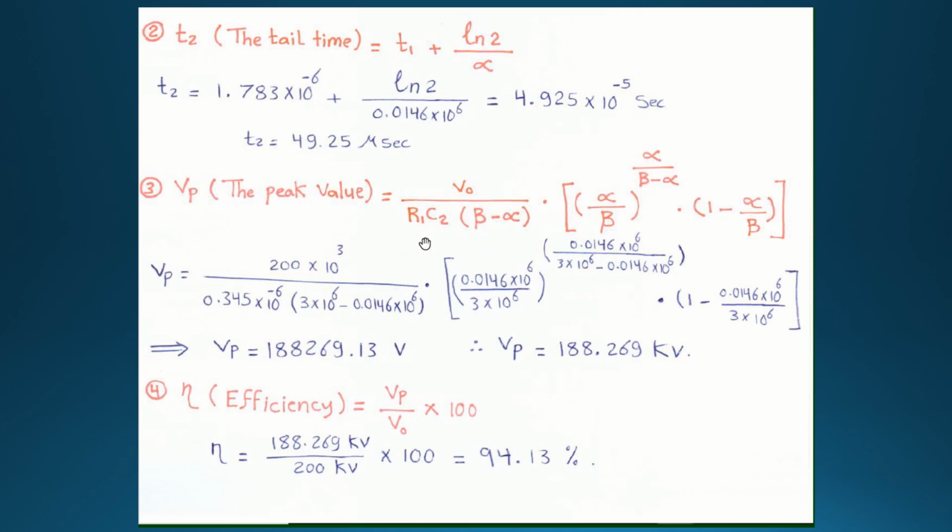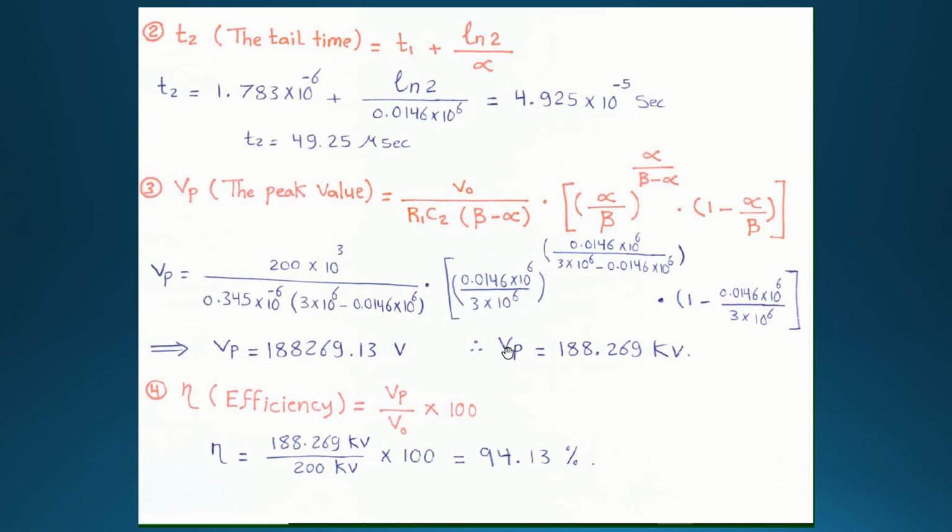So you only need to substitute your values in this equation. After you substitute the values, you will get the answer as 188,269.13 volt, and we will change this to kilovolt because the V output is in kilovolt, to make it easy for us.